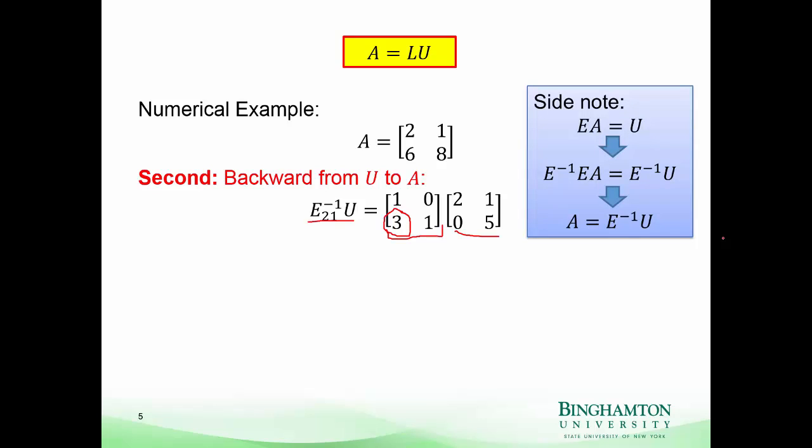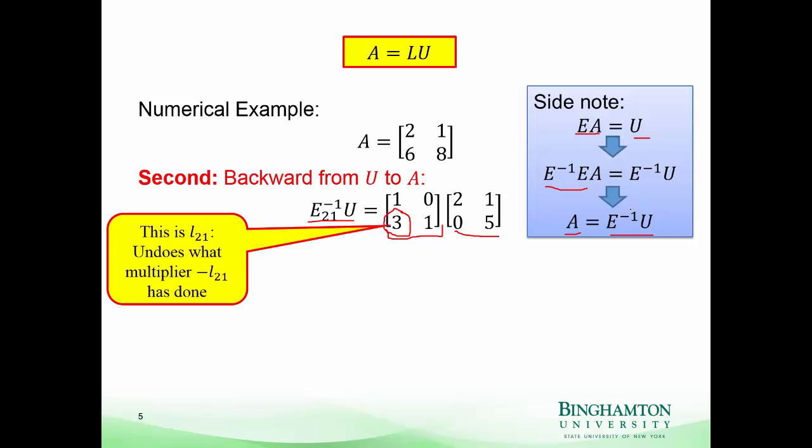And so all I'm really doing is this. I started with E times A is equal to U. I take the inverse of E, I get A on this side, and I get E inverse U on that side. And we can think about why we need a positive L21 there, because that's going to undo the negative multiplier.